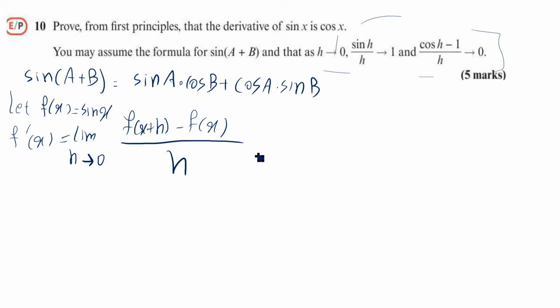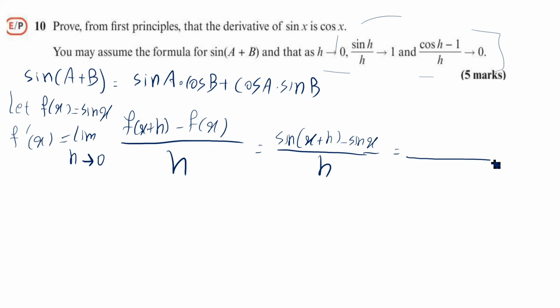So that's the very first step that we do whenever we are proving from first principle. Now the next step is going to be using our function, which is sine x in this question. So it's going to be sine of x plus h minus sine x over h.